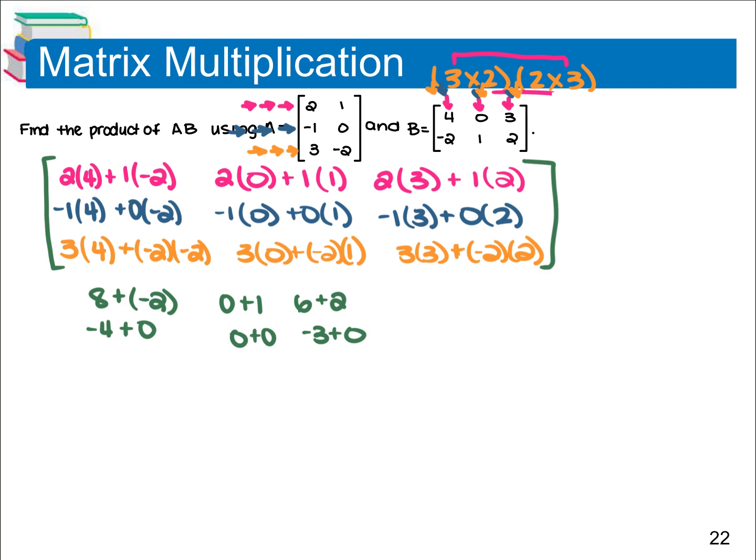Last row, that 3 times 4 is 12, plus negative 2 times negative 2 is 4. The 3 times 0 is 0, plus negative 2 times 1 is negative 2. And 3 times 3 is 9, plus negative 2 times 2 is negative 4.